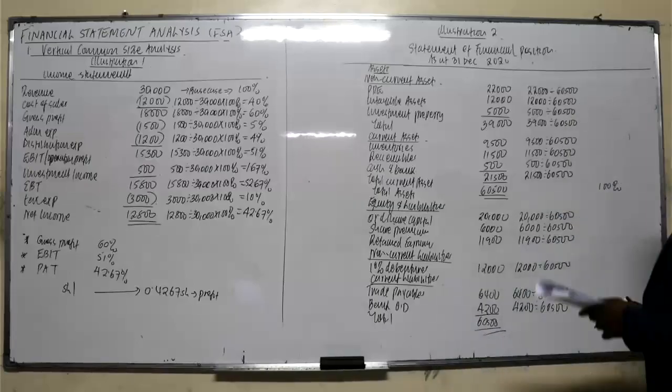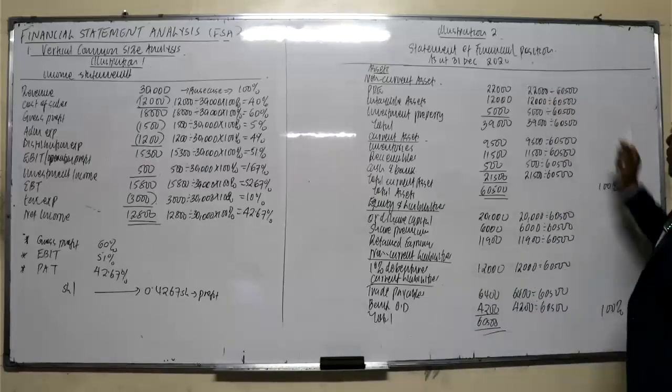Good. So give me in percentage. 22 divided by 60.5 to get how much?